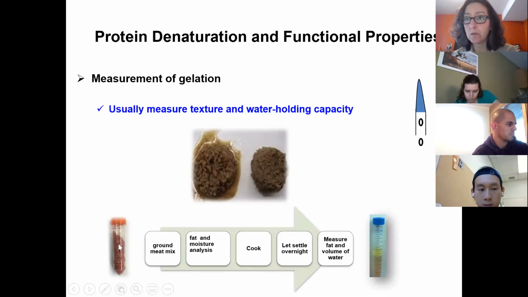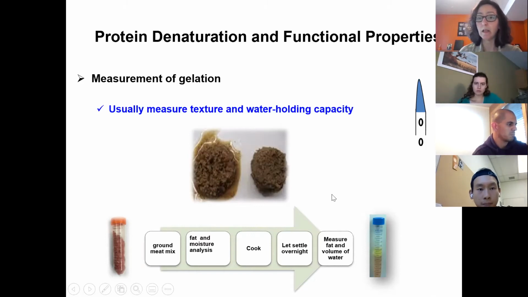We did that in one of our projects, incorporating a whey product into meat. You grind the meat, measure fat and moisture content, cook it, let it settle overnight, and then you see the separation of water and oil. You can determine the loss in water and the loss in oil, and the impact of adding a whey protein product and how that reduces the separation.